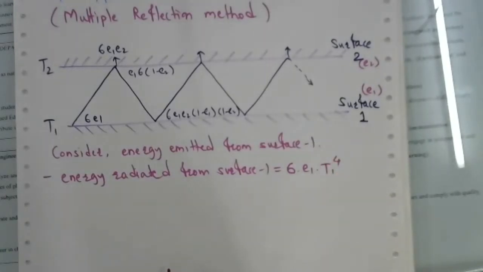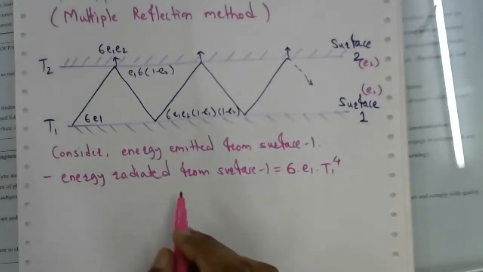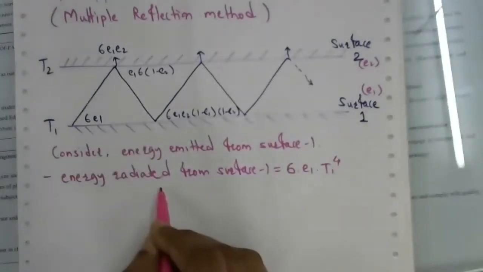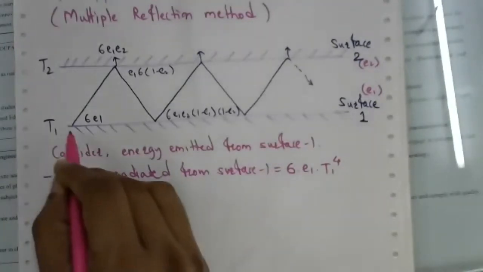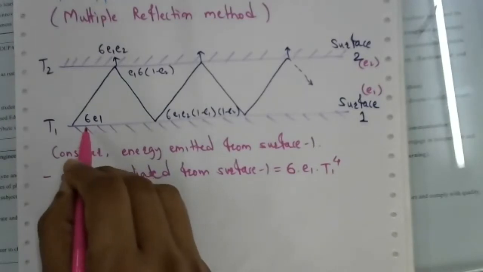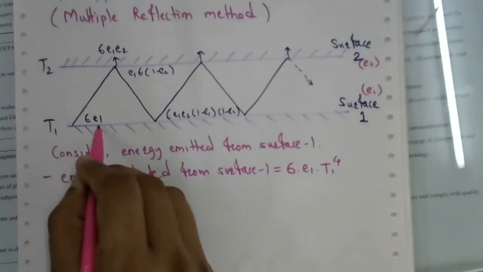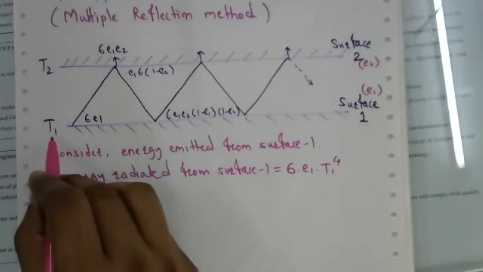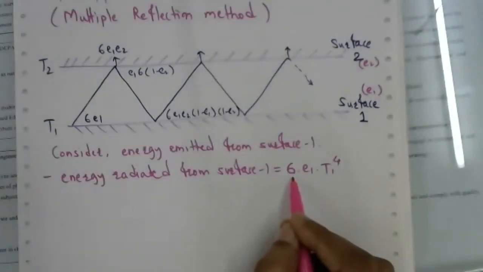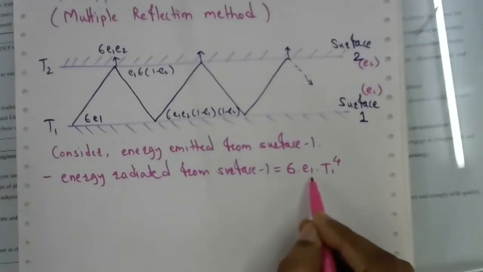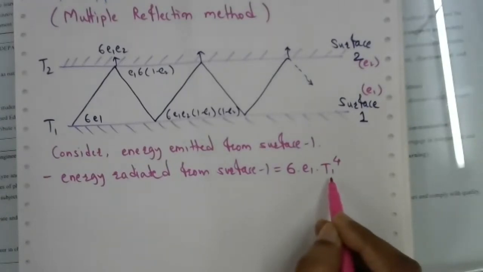We have studied the Stefan-Boltzmann law, and on the basis of that, we can write this energy radiation from surface 1. From surface 1, the emissivity is E1, the Stefan-Boltzmann constant is sigma, and the temperature is T1. That is why it is written as sigma into E1 into T1 raised to 4.